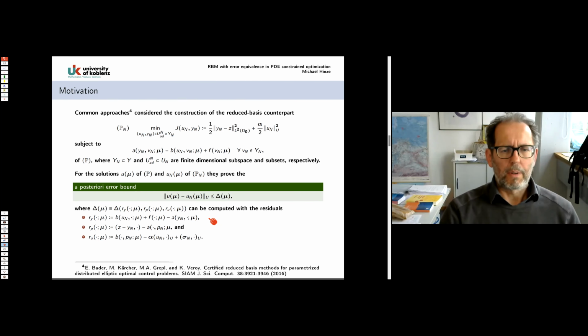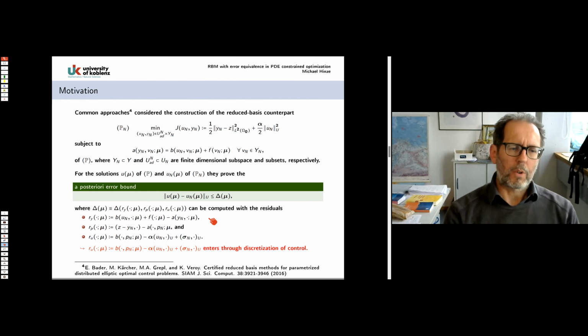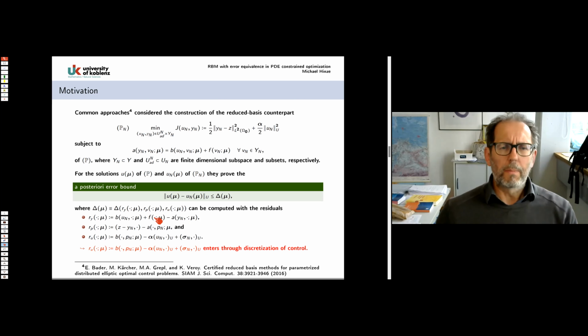That is what I highlight here. Okay. So the control residual enters in this estimation process that discretizes the control. That is what I highlight here. Yeah? If I would not discretize the control, I would not have this contribution.